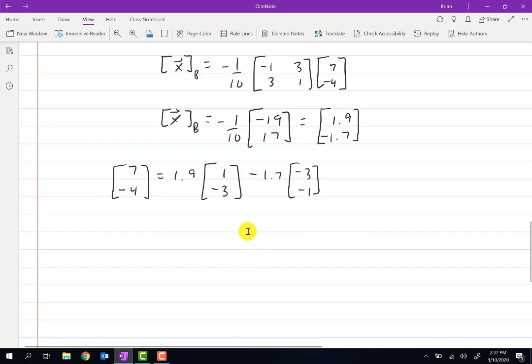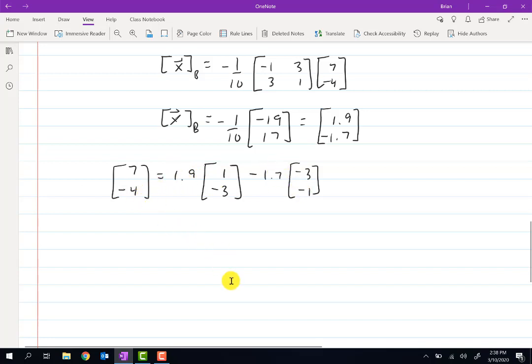Watch this work. You got 1.9 times 1 minus 1.7 times -3. This works out to 5.1 plus the 1.9 is 7. Then if I take 1.9 times -3, I get -5.7 plus 1.7 will give me the -4.